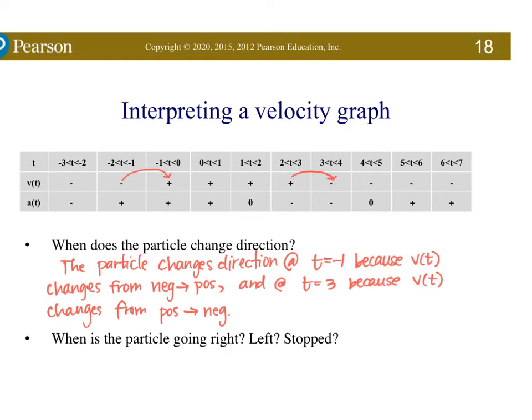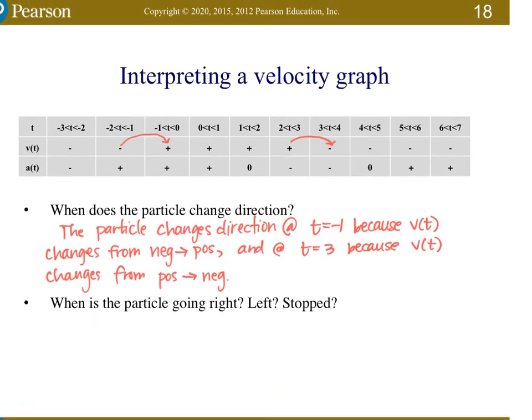When is the particle going to the right? Well, as long as there's a plus sign, the particle is going to the right. So I'm going to look for everywhere that I'm going to the right. So this whole section, all of these intervals, the particle is going to the right.